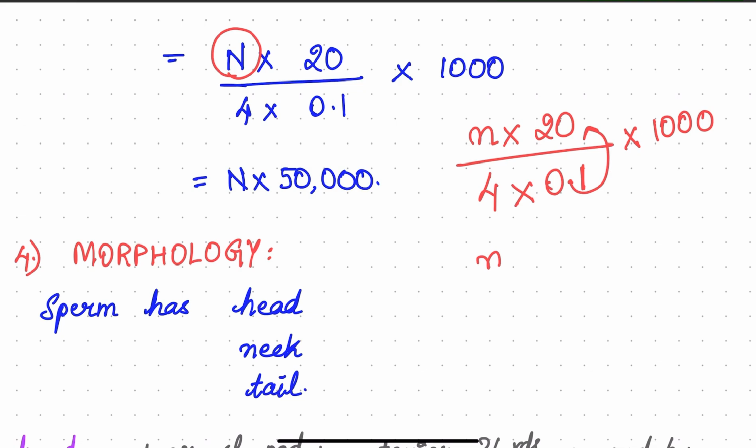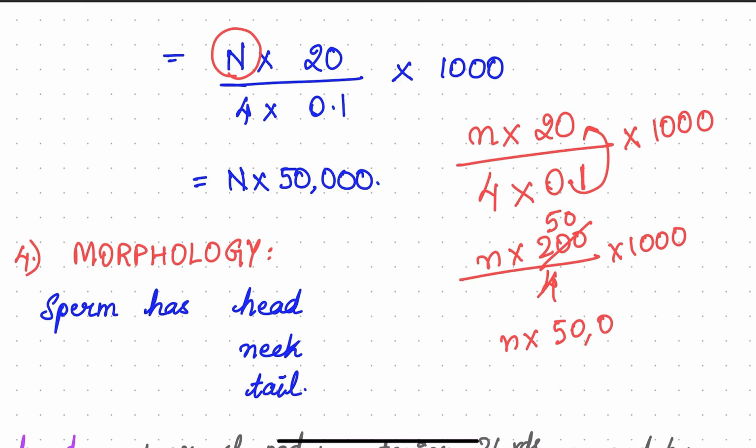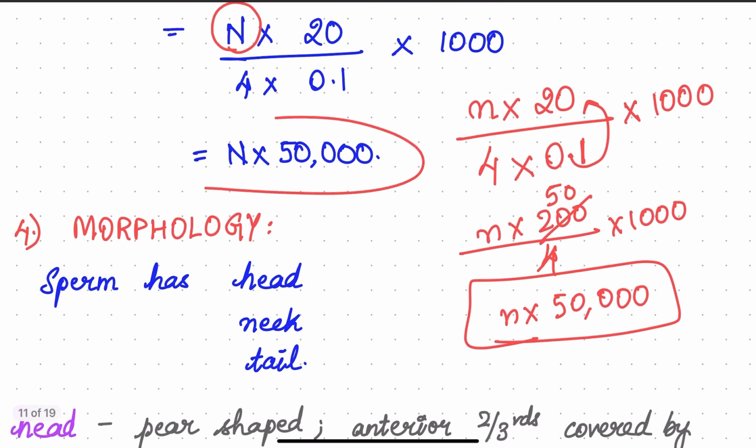So n into 200 by 4 into 1000, this will be 50. So n into 50,000. This is the direct formula for sperm count. If you get 500 sperms, you counted 500 into 50,000. This is how you get the sperm count.